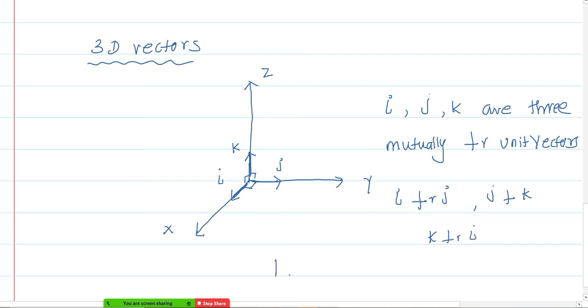Sir, I have a question. This is just kind of theoretical, but if there was a fourth vector, which direction would it be pointing in? There is no fourth perpendicular vector, right? Only 3 dimensions we have. 3D vectors only we deal with. But you can't denote a fourth dimension mathematically.